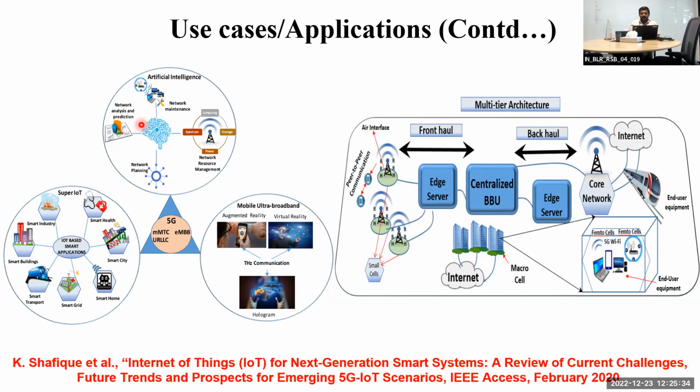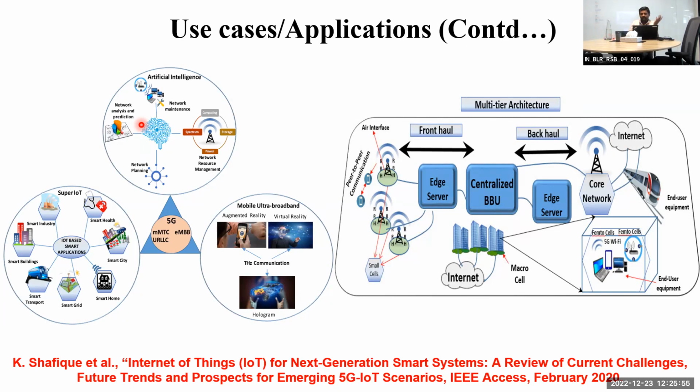Next is multi-tier architecture. See the existing core network, it is so flexible. For example, front haul and back haul. Front haul means whatever your mobile is associated with.